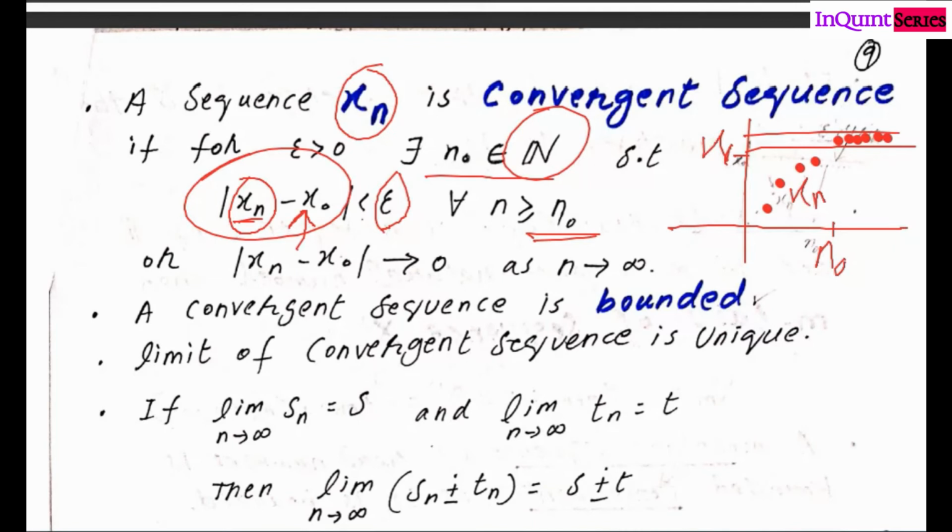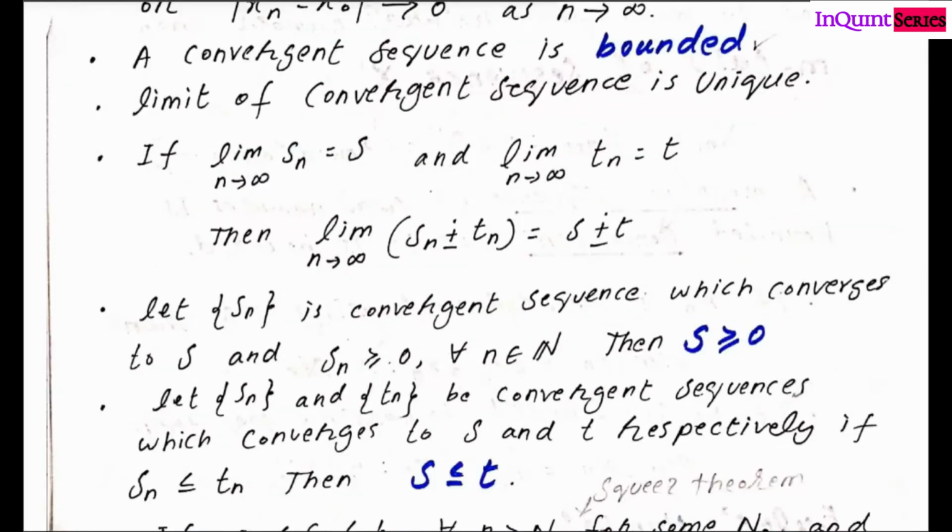So that's the idea of the convergent sequence, and the convergent sequence is always bounded. The limit of a convergent sequence is unique.